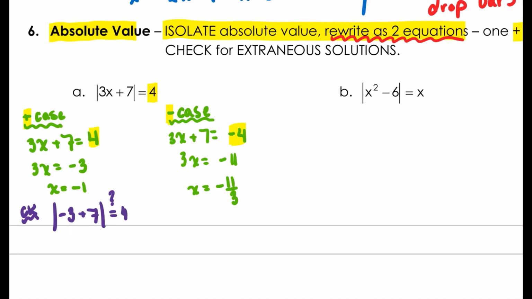Is that going to equal 4? And of course, that's a check. And then for the second case, notice that I will get negative 11 plus 7. Is the absolute value of negative 4 equal to 4? The answer is yes, so that's also a check. So this one has two solutions.